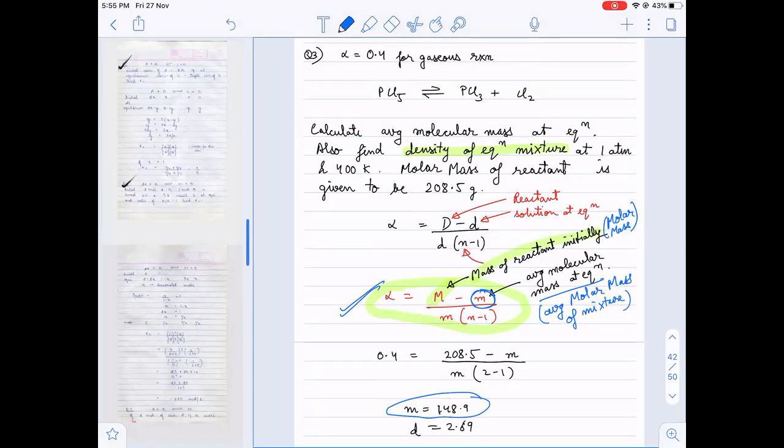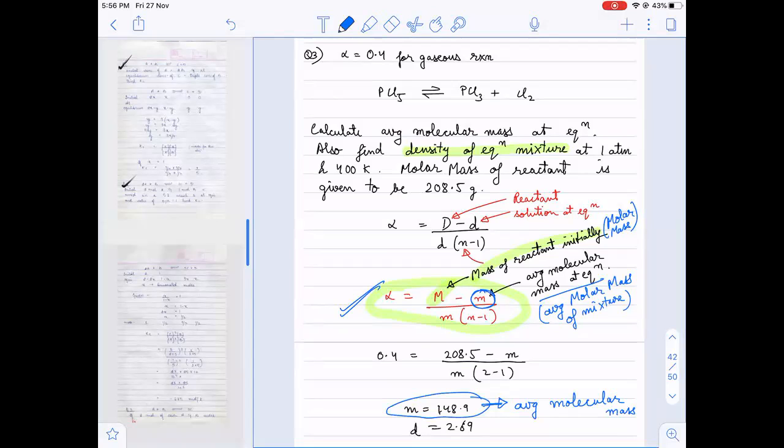So one part of the question we already did in the previous class, that was the average molecular mass. Now coming to the second part. I hope the first part is clear to everyone. Please tell me if it is not clear to anyone. If you are having any problem in this first part, I'll move on to the second part then.